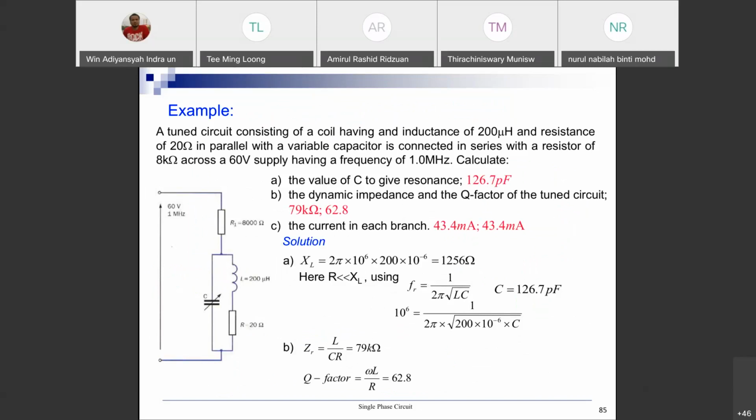Given resonance, the keyword here, given resonance. Remember the first series, this is the formula. So you find C. F is given, L is given, so you find C.